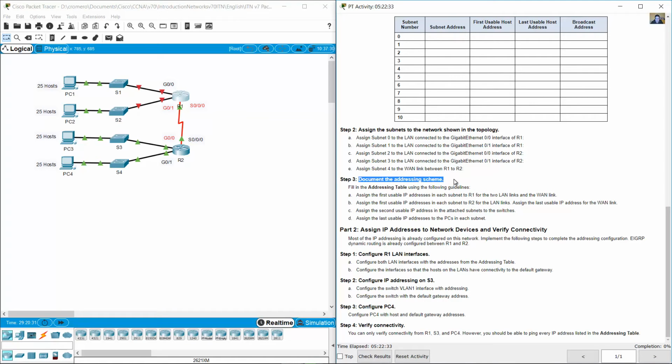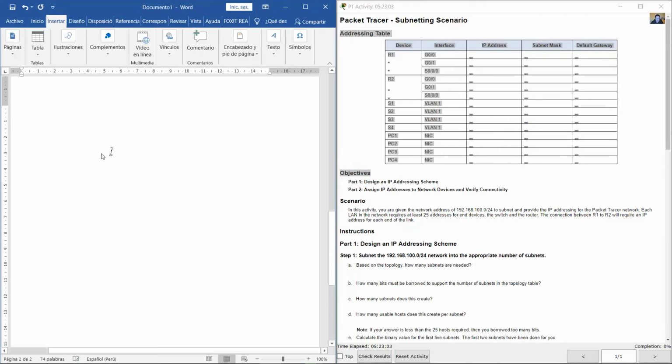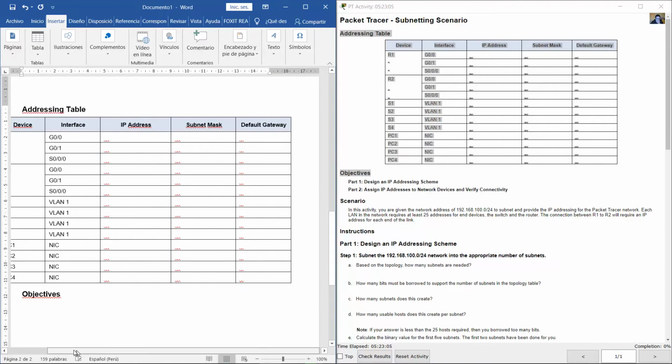Document the addressing scheme. Fill in the addressing table using the following guidelines. Okay, copy this, Control C, paste.